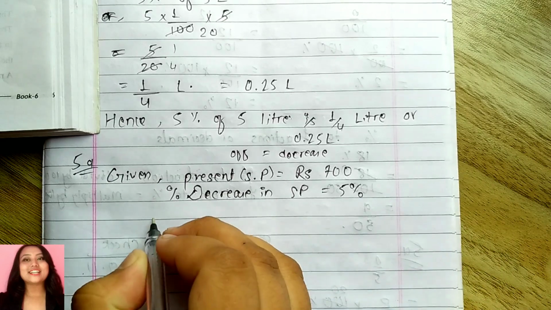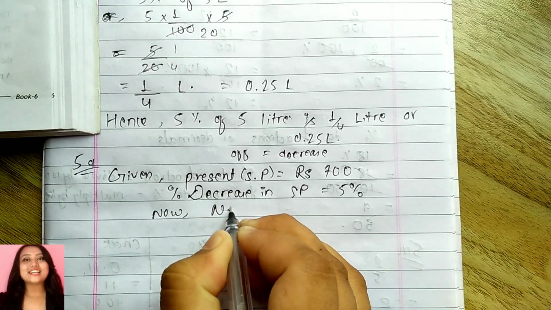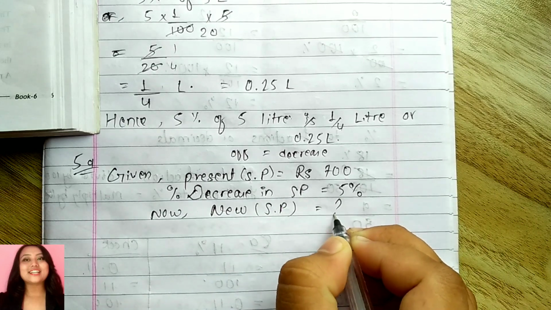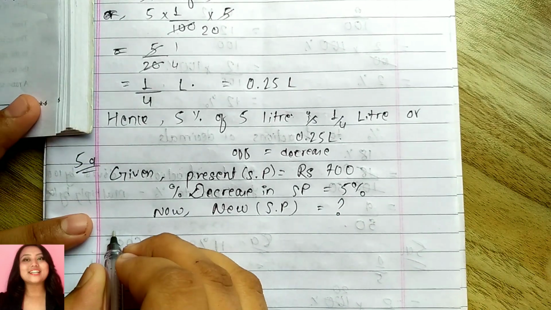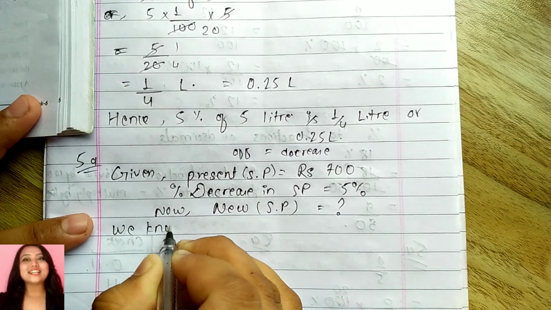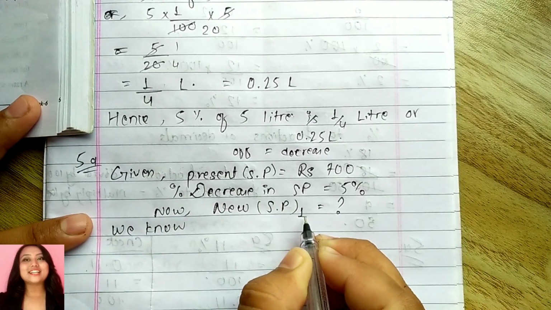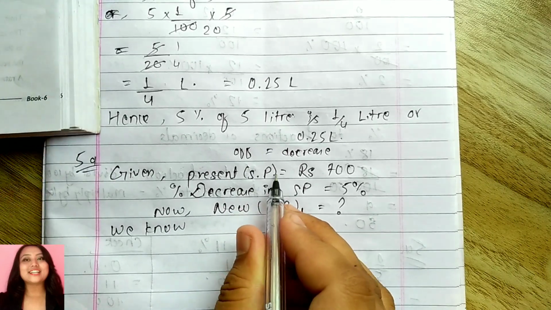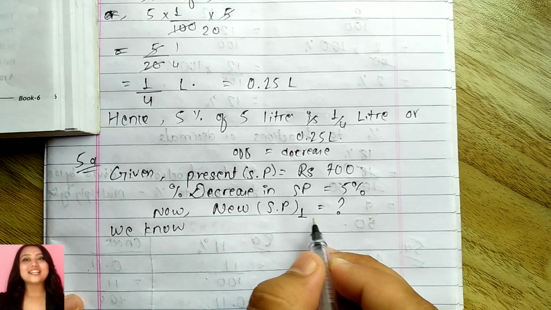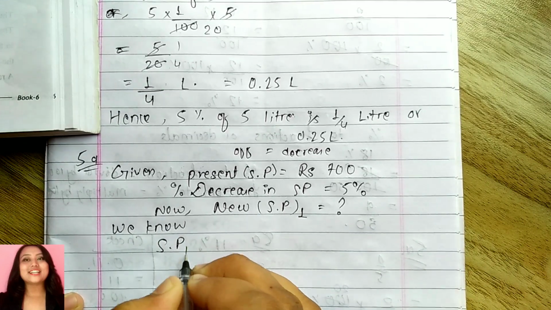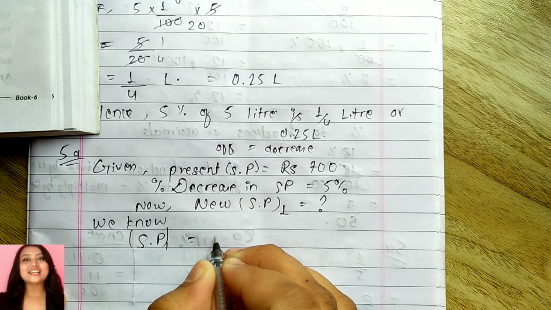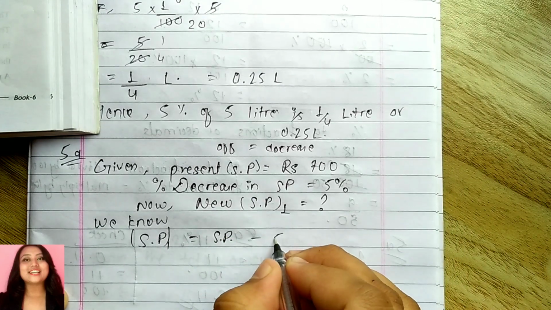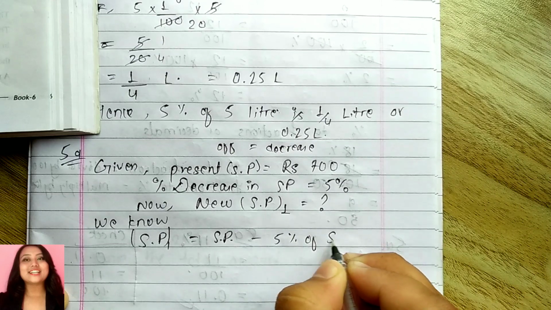You have to write. Now the new SP equals what? We will write SP1. Since the present selling price is SP, the new selling price will be SP1. SP1 equals SP minus the decrease portion, that means 5% of SP.